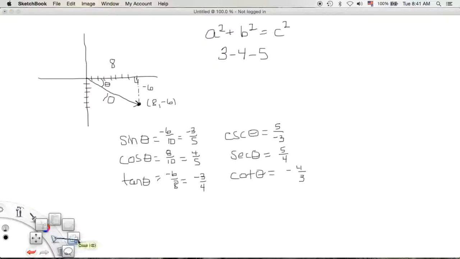Now, what if we're just given a triangle? We're given this triangle here, and we're told that our side lengths are 7 and 9. And we want to know what the trigonometric ratios are for angle A. So that's this one right here.